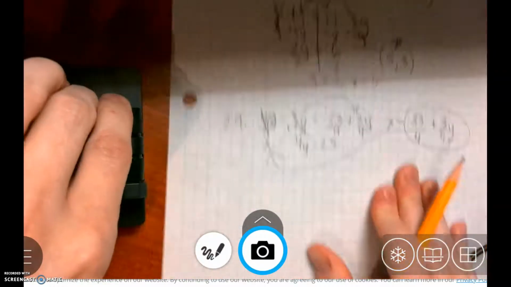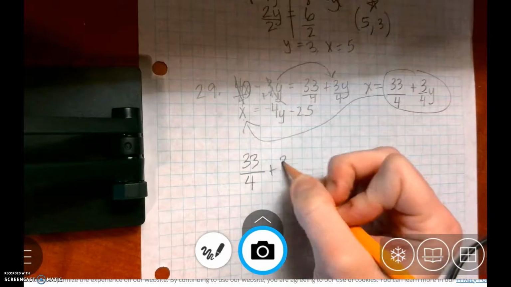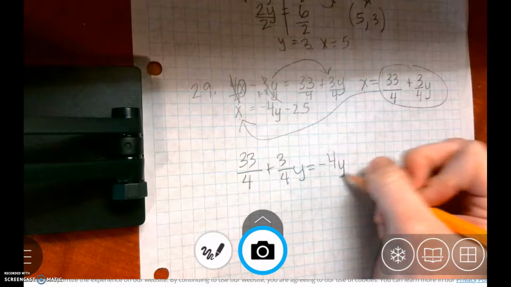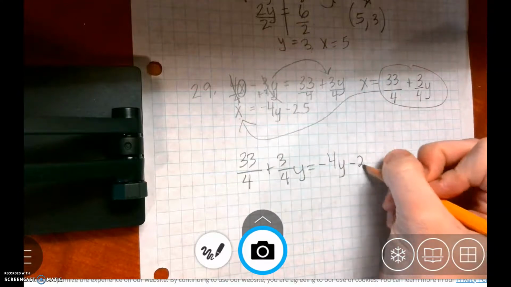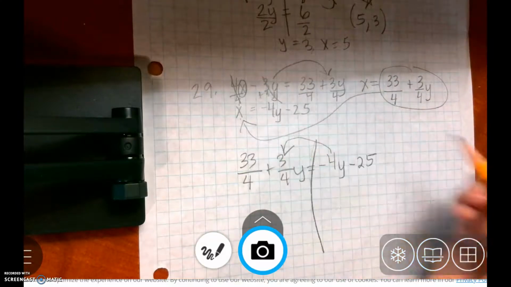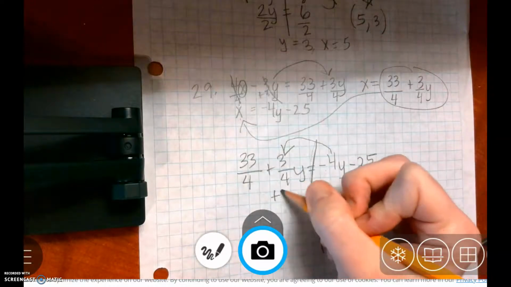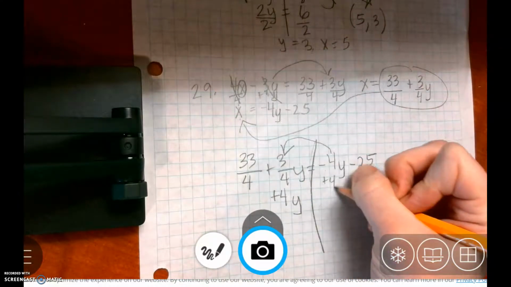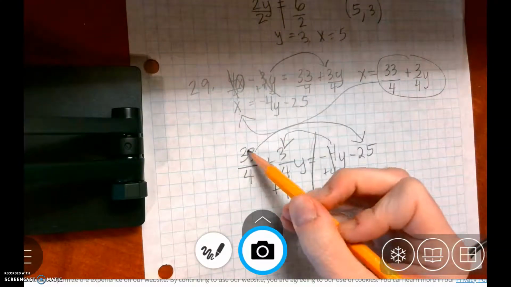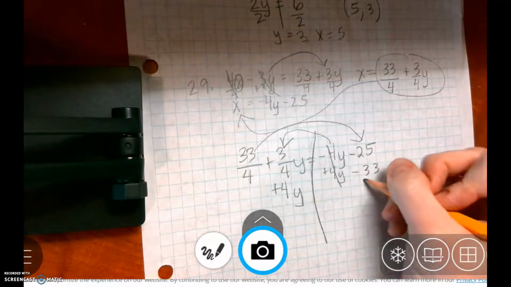So what I have here is 33 over 4 plus 3/4 y equals negative 4y minus 25. Okay? I want to move the variable, collect it to the left, so negative 4y becomes plus 4y. And I want to move my constants to the right, so positive 33 over 4 becomes minus 33 over 4.